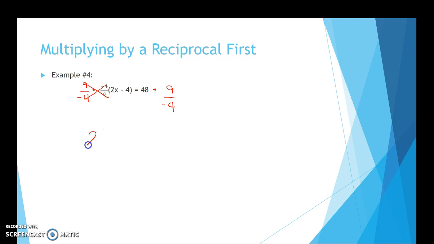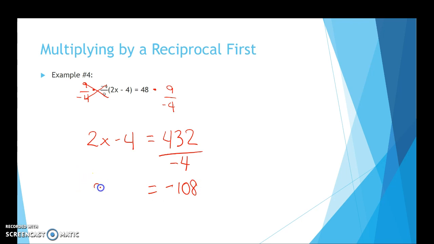So I'm left with 2x minus 4 on the left equals 48 times 9. That is going to give you a number of 432 over negative 4. Let's simplify 432 over negative 4, and that becomes negative 108.